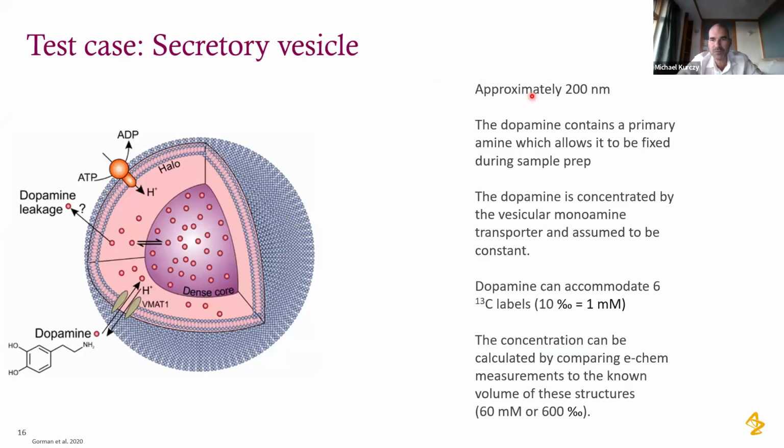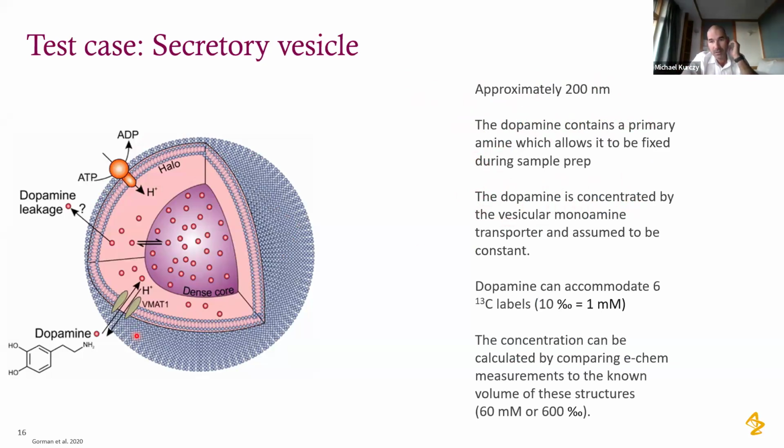It's approximately 200 nanometers, and the dopamine contains a primary amine, which means that we didn't have to worry about losing it during sample prep. It helps fix with formaldehyde during the TEM sample prep.